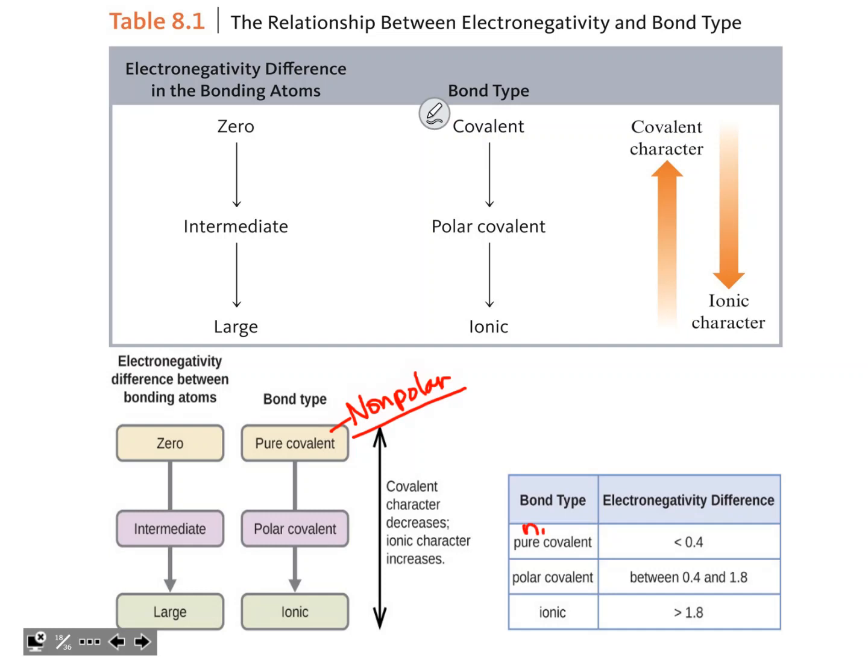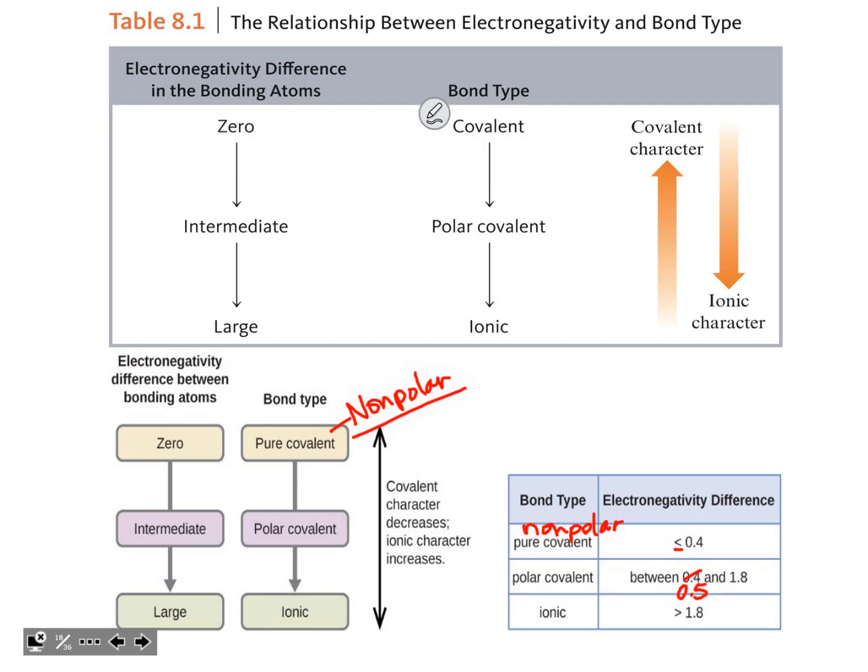Pure covalent or nonpolar, it says less than 0.4, but really it should be less than or equal to 0.4. Most charts do that. So 0.4 is usually classified into the nonpolar arena.